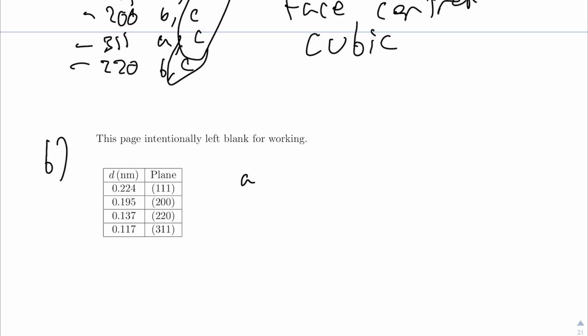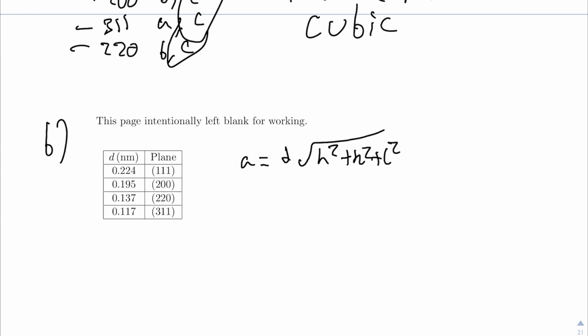So we know that A equals D times the square root of H squared plus K squared plus L squared. Let's just get a calculator. So our value for the first one is 0.224 times the square root of 1 squared plus 1 squared plus 1 squared, which is just 3.